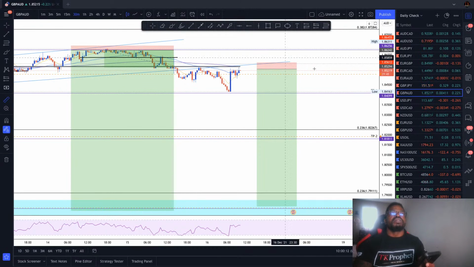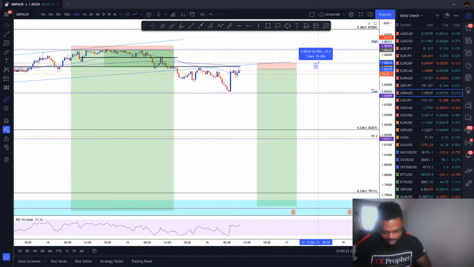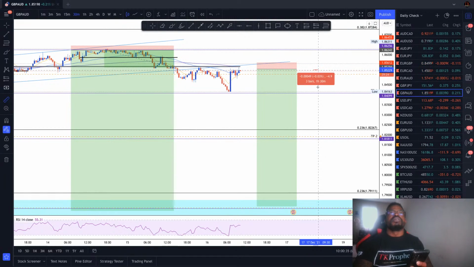Oh, I got it right too. Okay, how many pips is the stop loss? You got a 33 pip stop loss. So you use that in the FX calculator to determine how much you're supposed to risk. 33 pips on your stop loss.